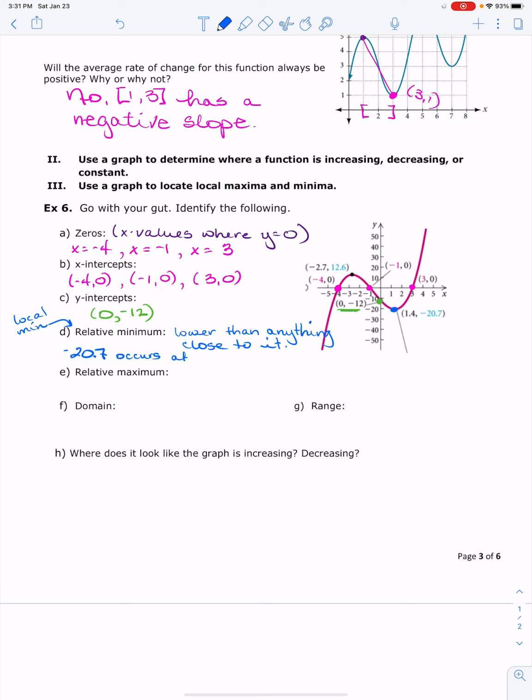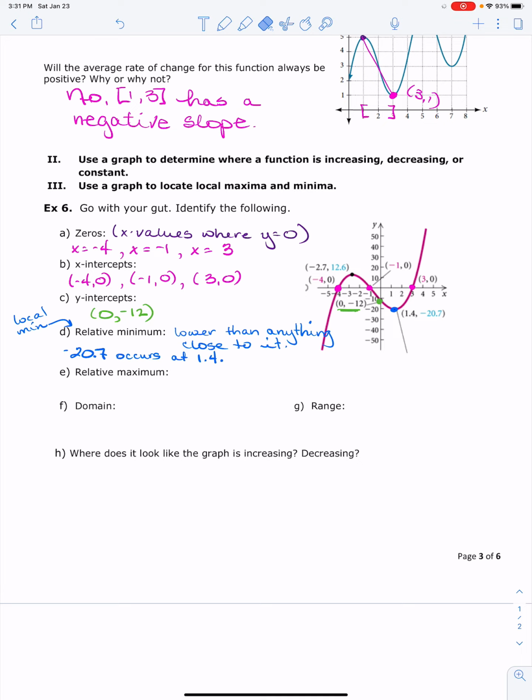It occurs at 1.4. So the minimum or maximum value itself is the y, it's the output. Sometimes it's important to know where it happens.